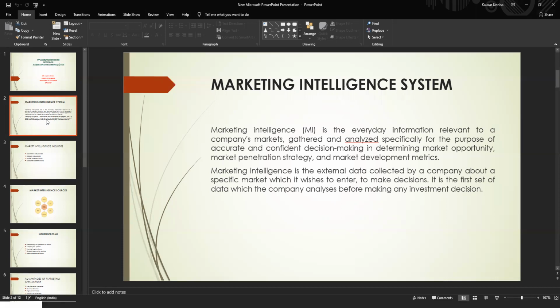So market intelligence has to act as a guide for the basis of decisions. We can apply it to future goal settings, where the goals have to be set in the organization.